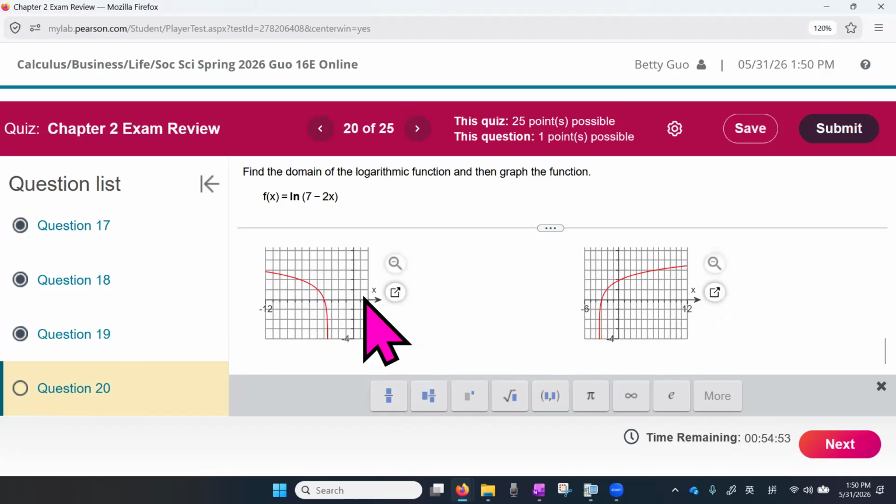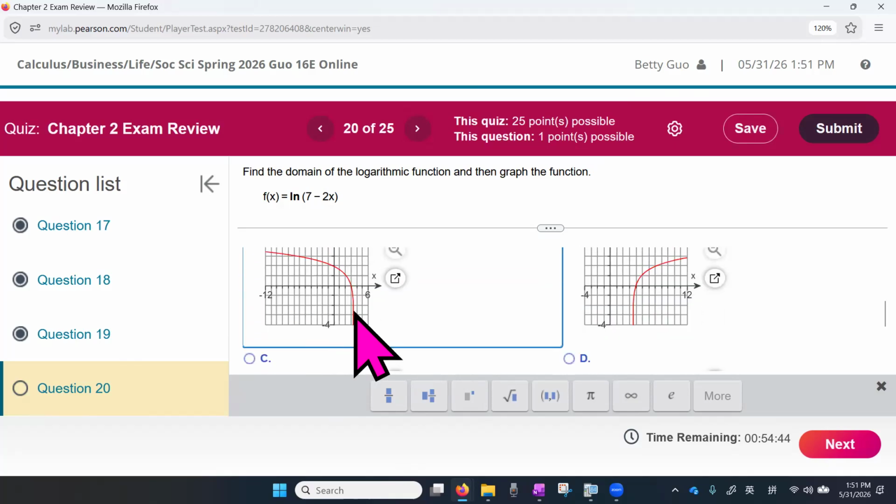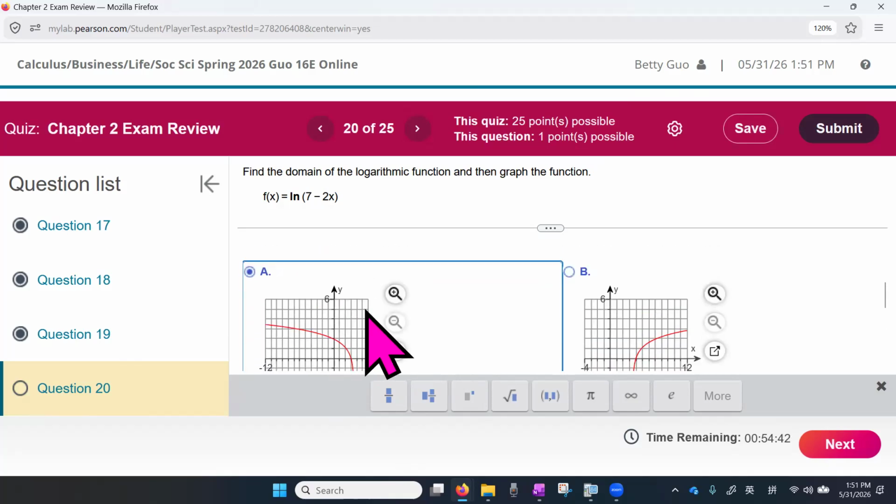And this one, this is 2. It doesn't look correct. So I would choose this one. Simply using the domain, we are able to choose the correct graph.